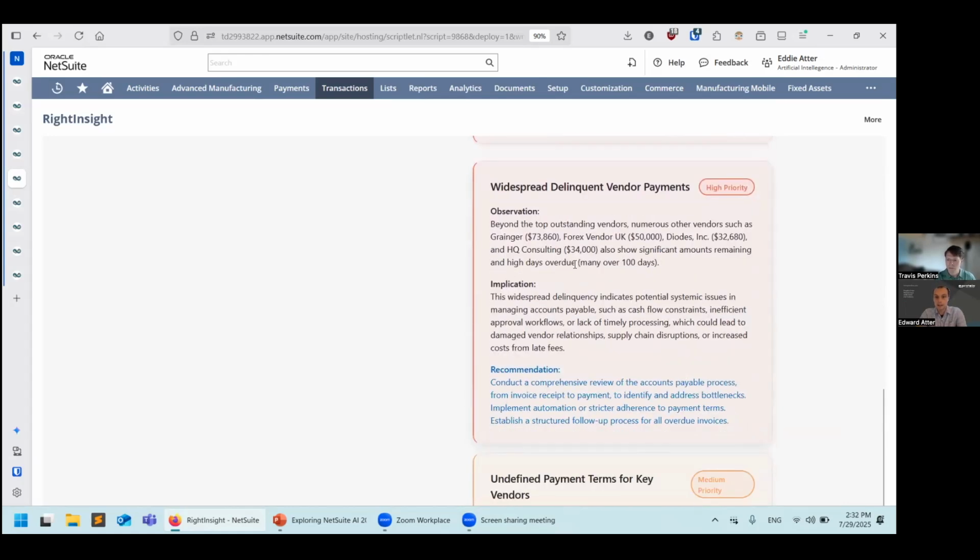It's also flagged that beyond those, we're consistently paying late, which I think everyone agrees is an issue. So it's saying that we need to review our process and figure out why that's happening and where the bottleneck in that process is.